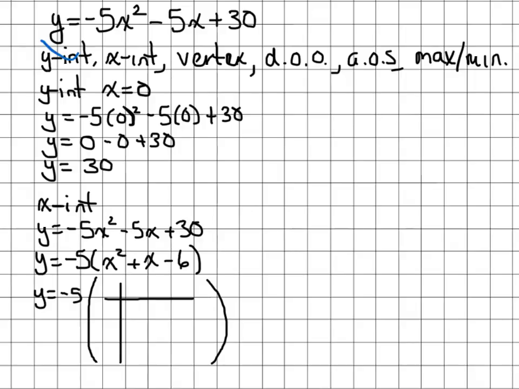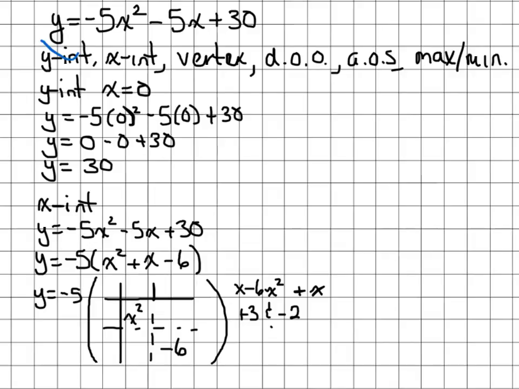Filling in the chart, I know x squared needs to go there, and minus 6 needs to go here. How we fill in these two has to be that they add to 1 and multiply to negative 6. So it's got to multiply to minus 6x squared, and it has to add to x. If we look at that, that will be plus 3 and minus 2.